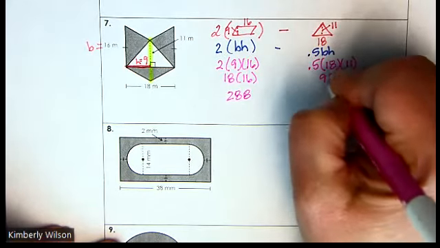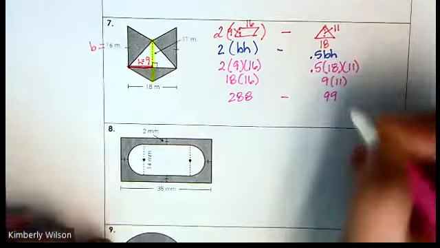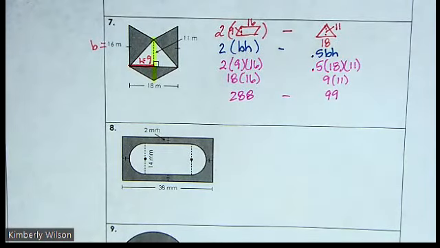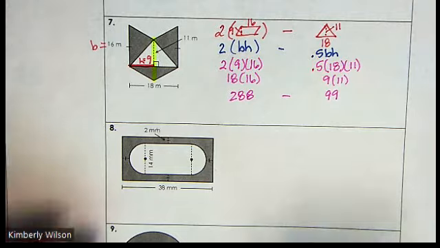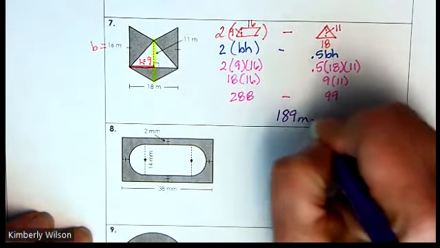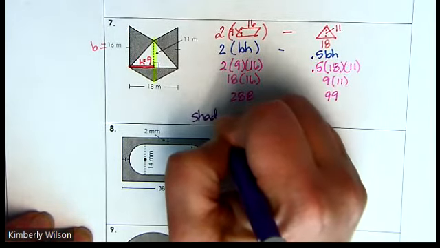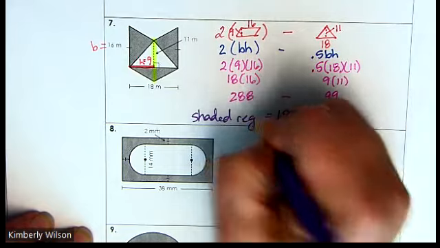So that's going to give me 9 times 11, which is 99. And then I'm subtracting those 2. When I subtract 288 minus 99, that gives me 189 meters squared. And that is what the shaded region is.